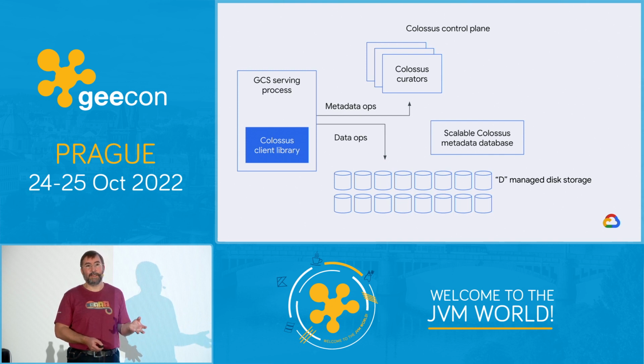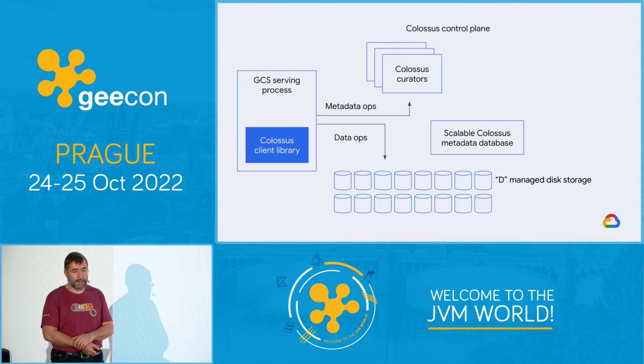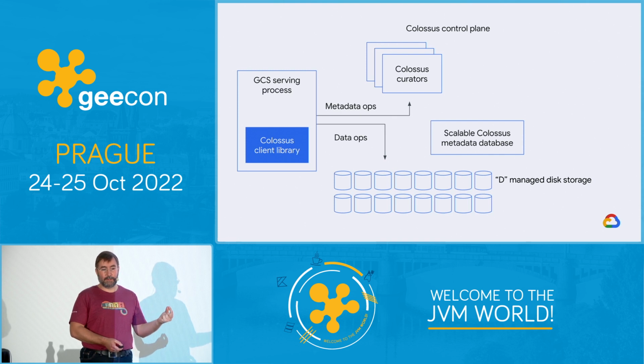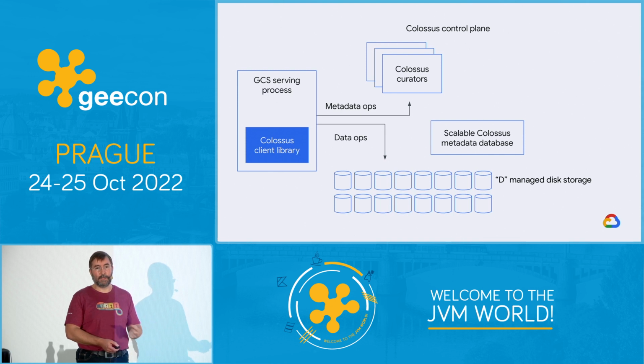So they don't do write, for instance, because write is in this software-driven layer. And all data ops are separated from the curators. So you have the control plane, which is curators, and you have the data plane, which is D. And then your client will interact solely with D, moving the data, and data location is going to be cached in your client library based on the query you did to the curators.